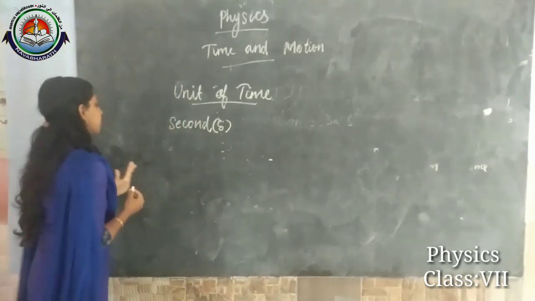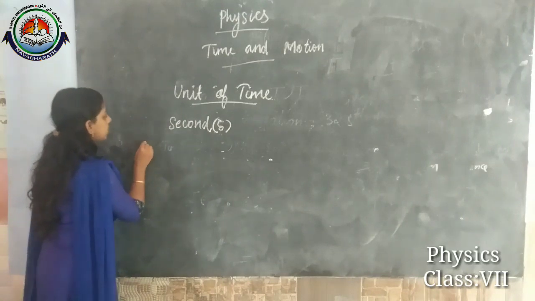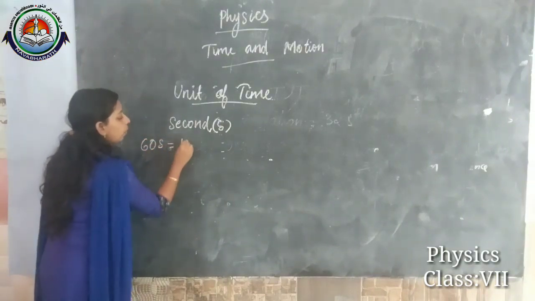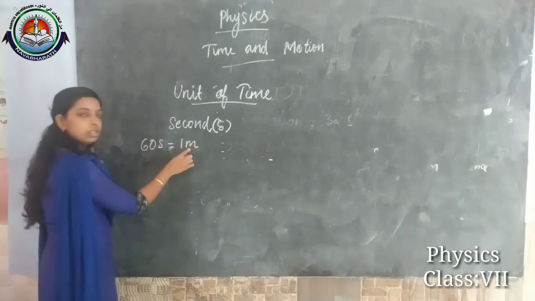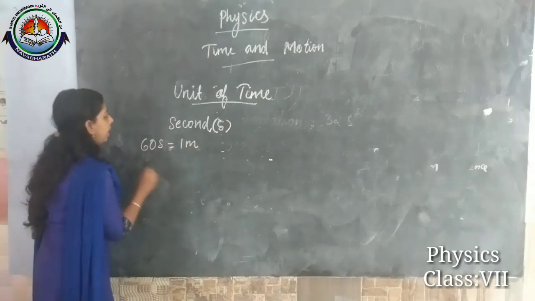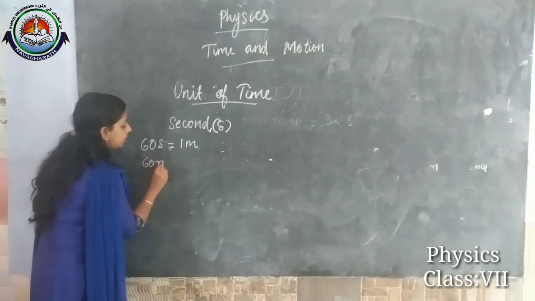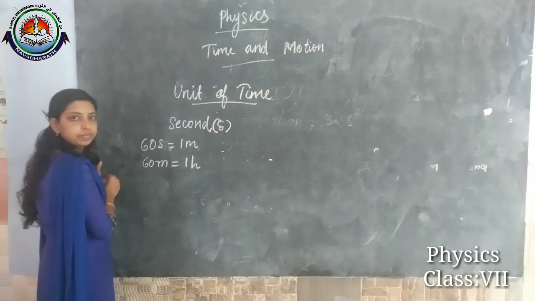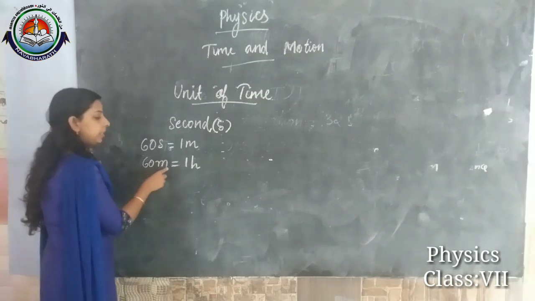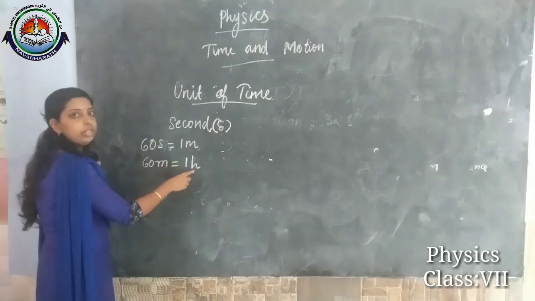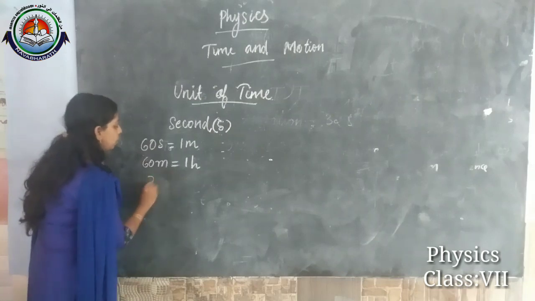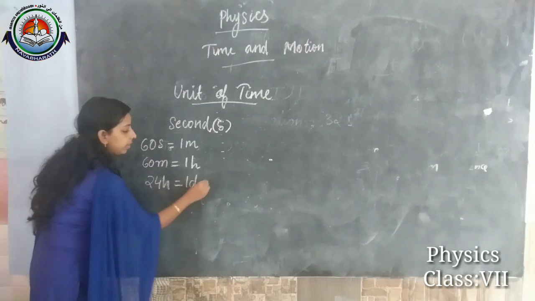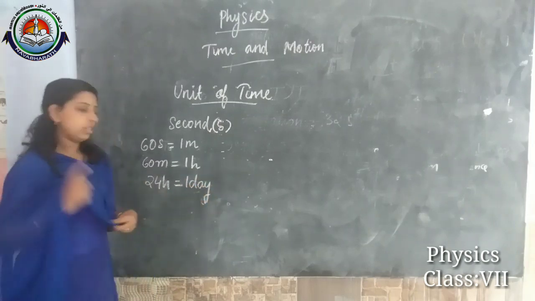Okay, now we can discuss. We know that 60 seconds is equal to 1 minute. This m is minute, and 60 minutes is equal to 1 hour, and 24 hours is equal to 1 day, right?